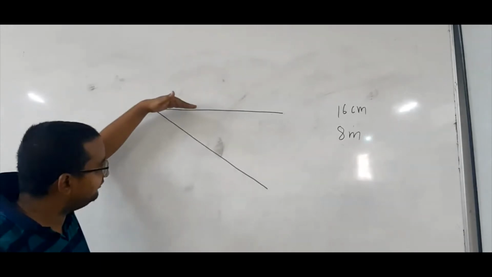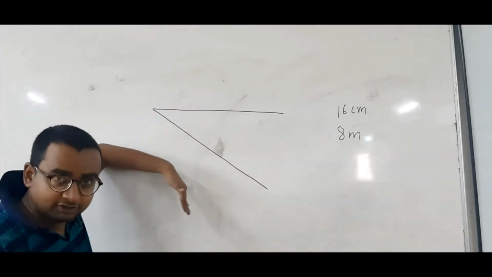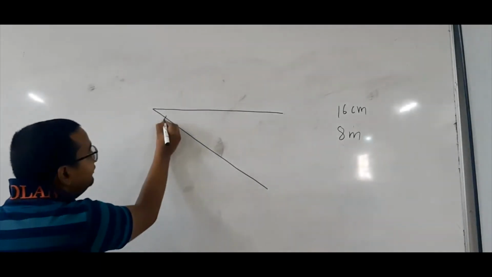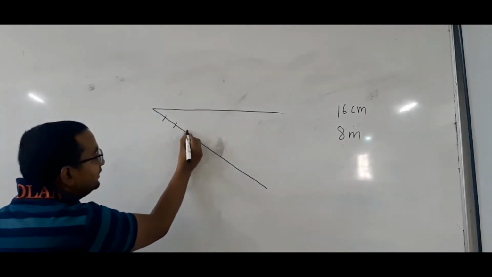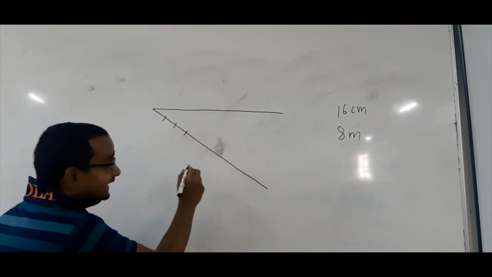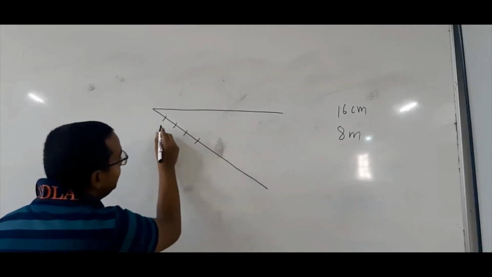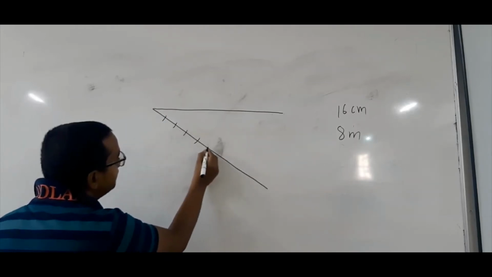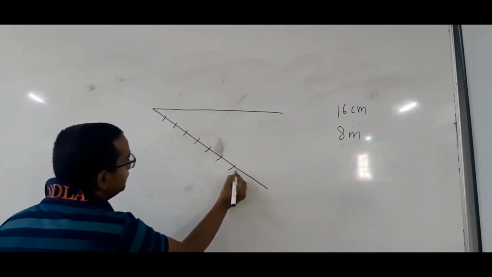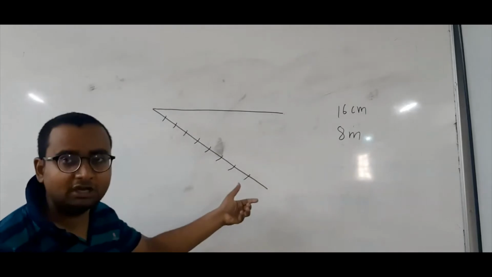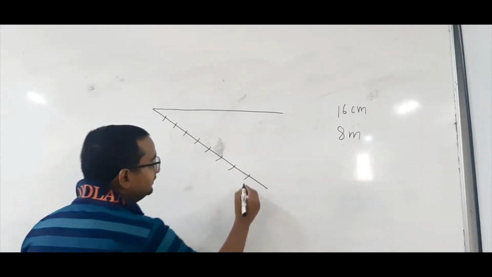So first of all we will draw an inclined line to this line, and then we will make equal arcs on this line. These arcs will be of equal length. We will draw 8 equal arcs on this inclined line.